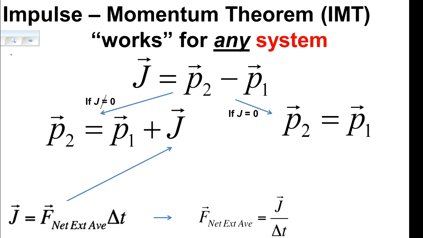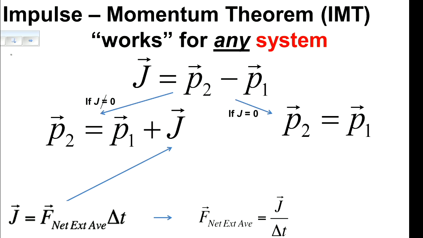And there is another situation when, for some reason, this term is zero or very small. One of the situations is collision. If it happens over a fraction of a second, that delta t, that's time, is so small that even if the force is strong, sometimes we can neglect the value of J. In that case, this is zero, which means the linear momentum doesn't change. The linear momentum of what?